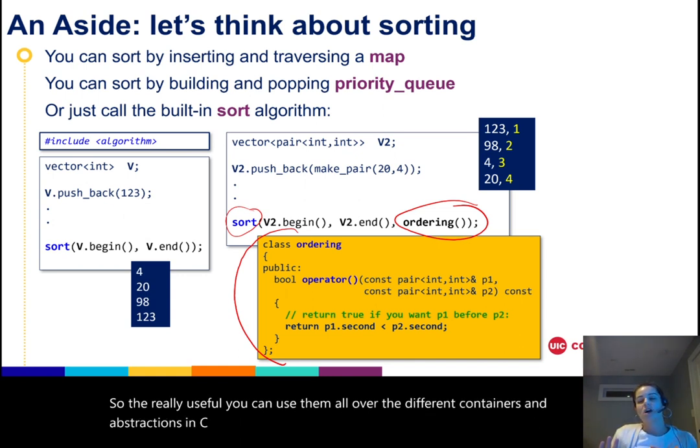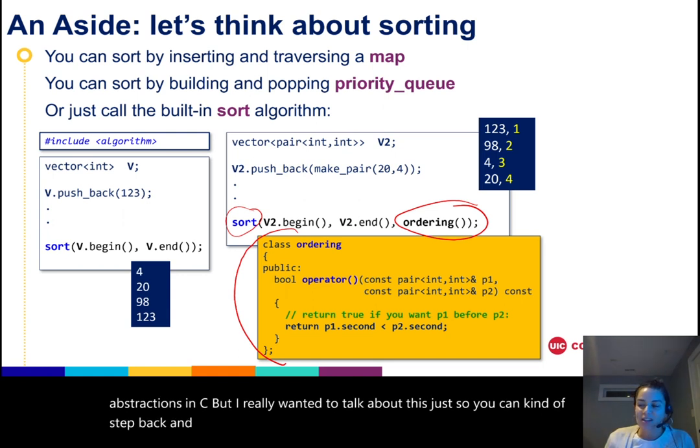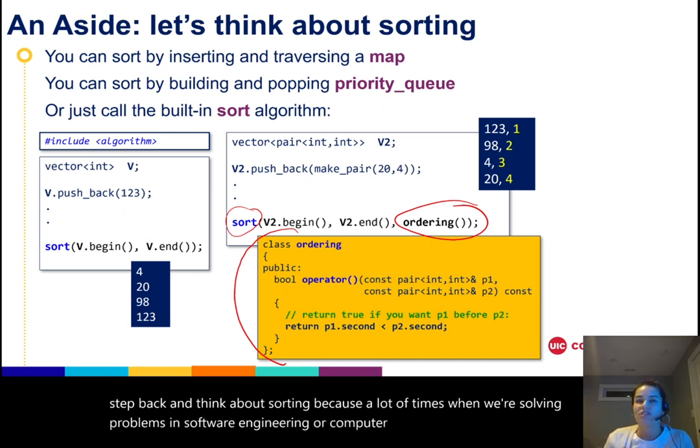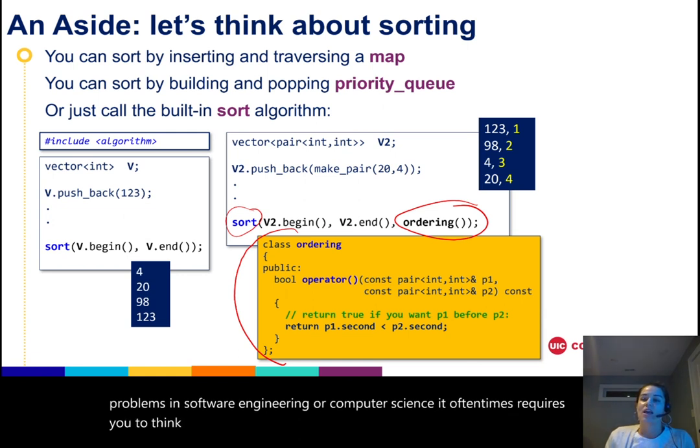But I really wanted to talk about this just so you could step back and think about sorting, because a lot of times when we're solving problems in software engineering or computer science, it oftentimes requires you to think about sorted data and how to keep it sorted or if it needs to be sorted.